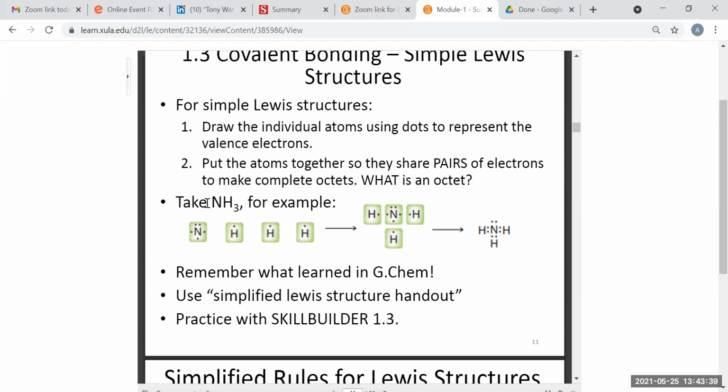Whenever you are given a molecular formula, you dissect it into its atoms. If you look at NH3, also commonly known as ammonia, how many nitrogens do you see here? 1. How many hydrogens? 3. So I have written out these atoms first.